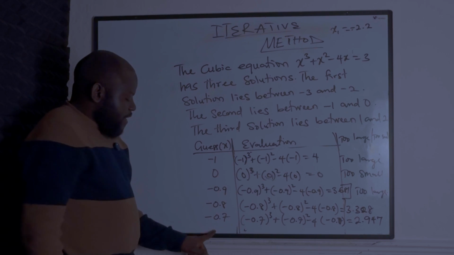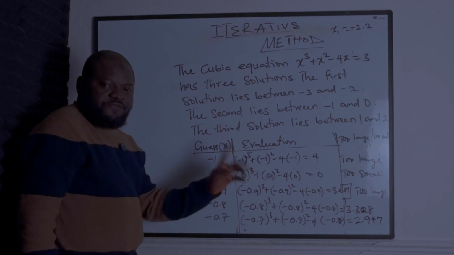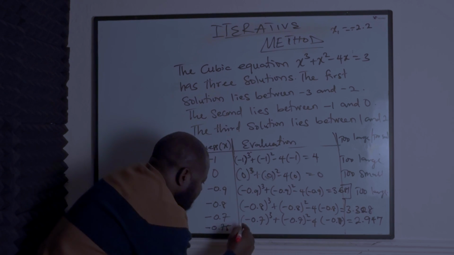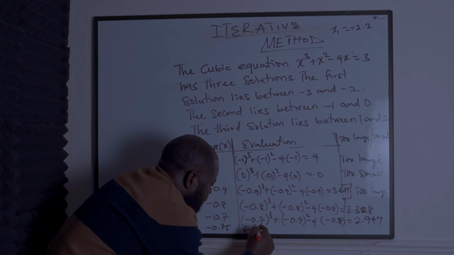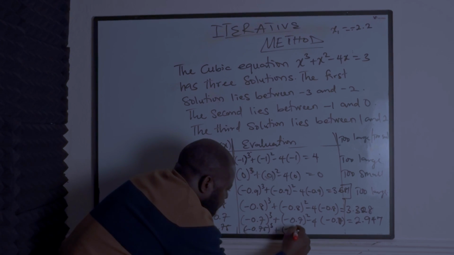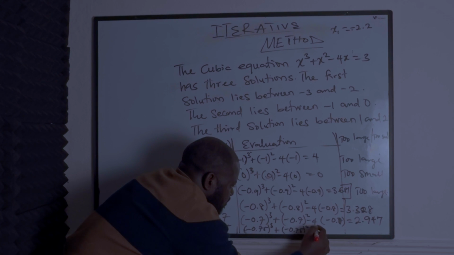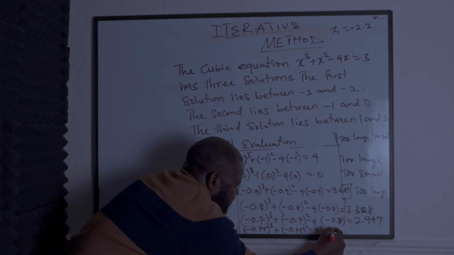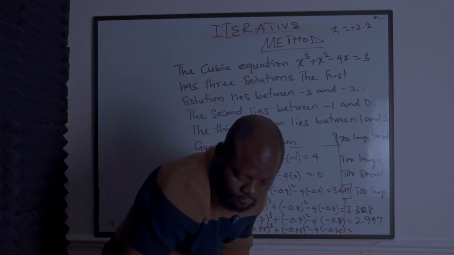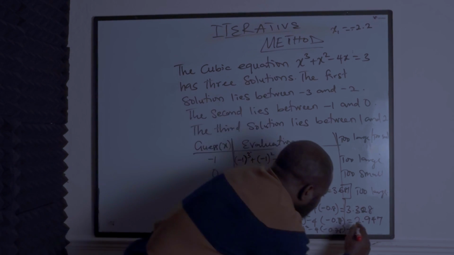So let's just try minus 0.75. Minus 0.75 all cube plus minus 0.75 square minus 4 into minus 0.75. So what will this give us?